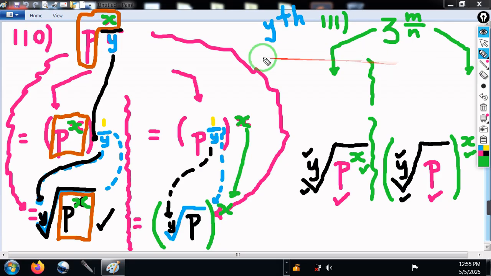So look, the downstairs is the y. Allow me to use the blue there for the n. The downstairs is the denominator. So it will become the white root of p, like this, the white root of p. Got it? So here will be the nth root of 3. Yeah, so we are going to go on to the nth root of 3.